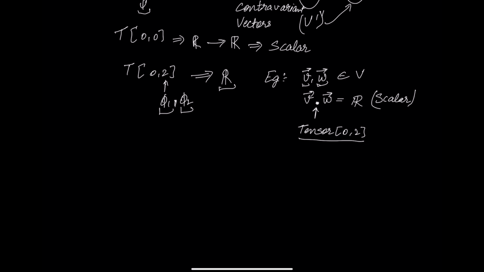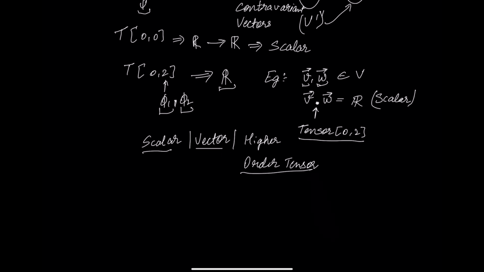So these tensors are a more general way of representing what we call scalars, vectors, and some higher order tensors. This is the generalization. First we know what is a scalar, then we learn what is a tensor, and then we learn what are higher order tensors.